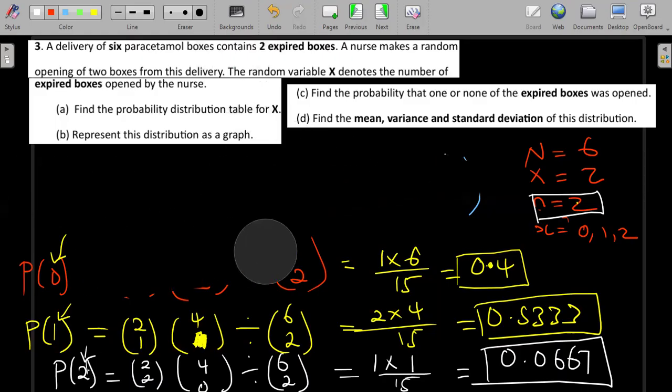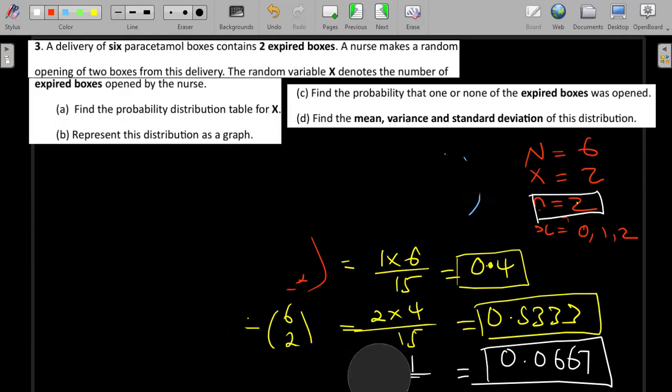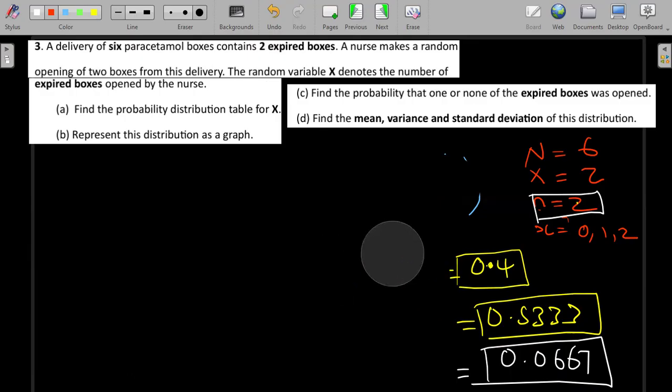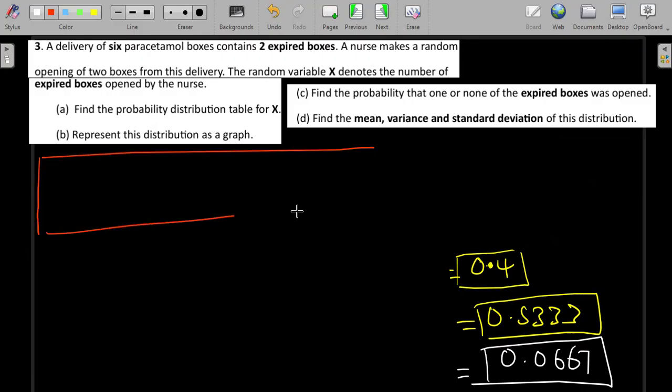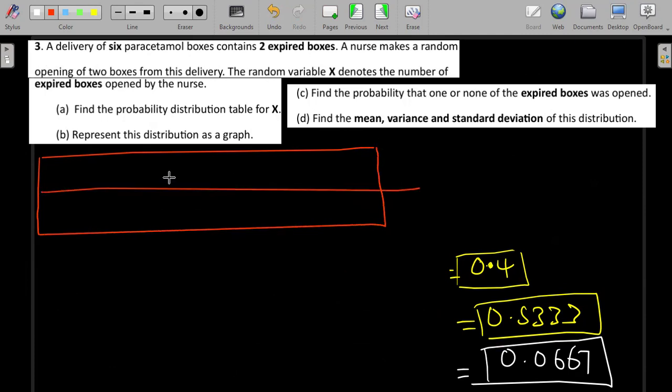Now we can come up with this probability distribution table. I'm going to erase these here. So let's draw the distribution table. This will be X, and this will be the probability of X. We have three random variables, 0, 1, 2.